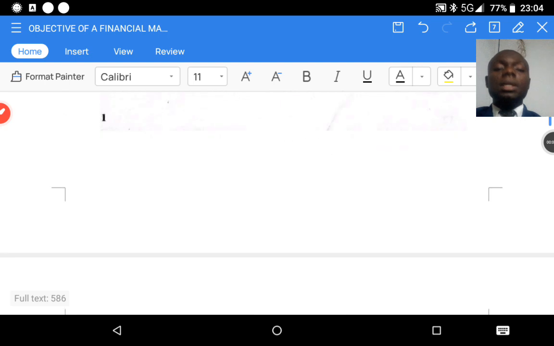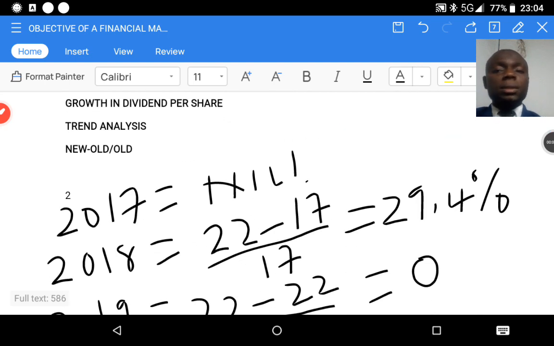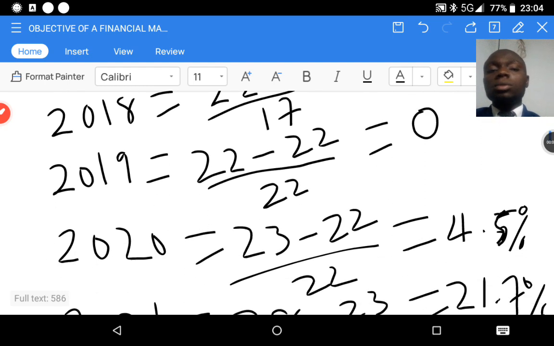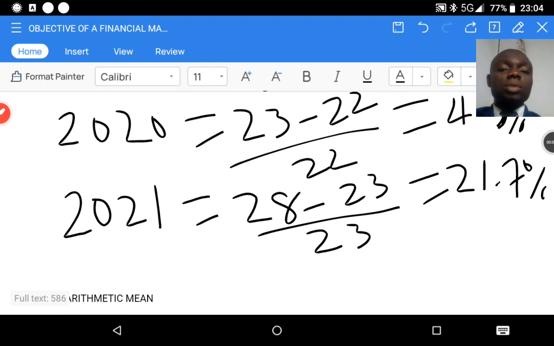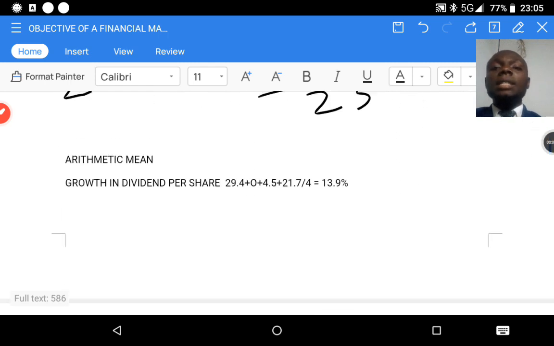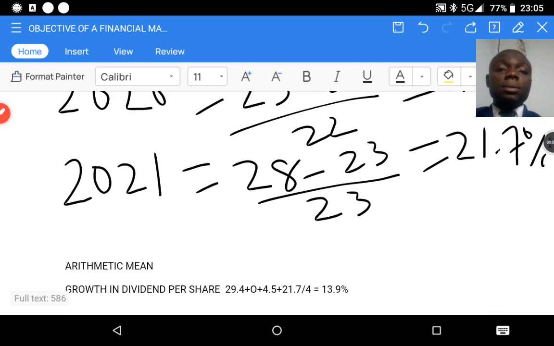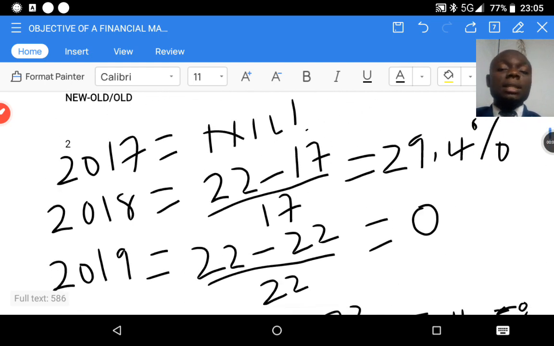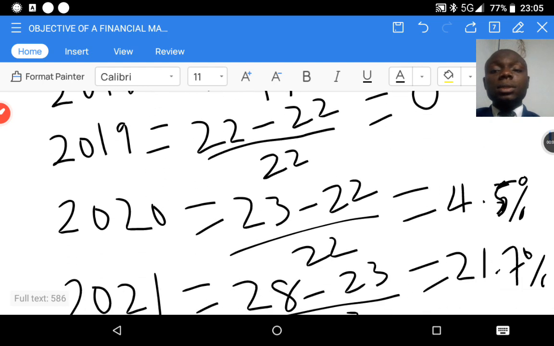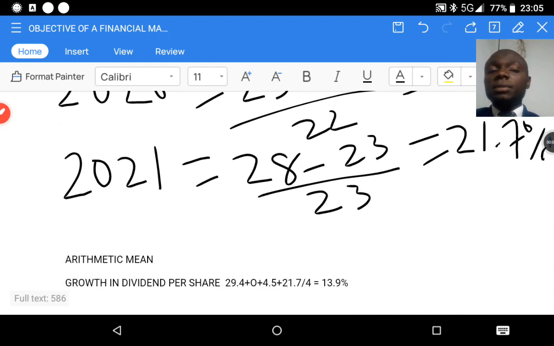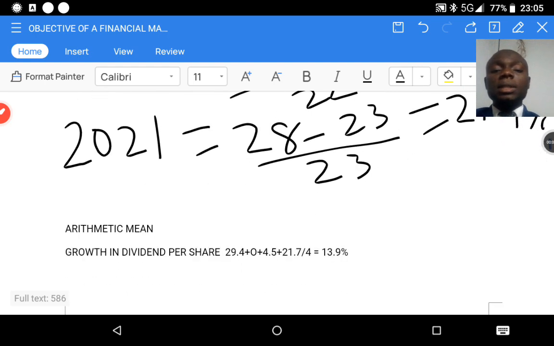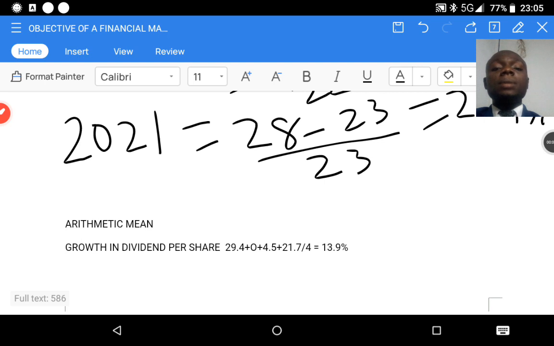Now let's check. This is the growth in dividend. In 2017 there is nil, 2018 29.4, 2019 is 0, there is no growth in 2019. 2020 is 4.5, and 2021 is 21.7, divided by the number of growths.